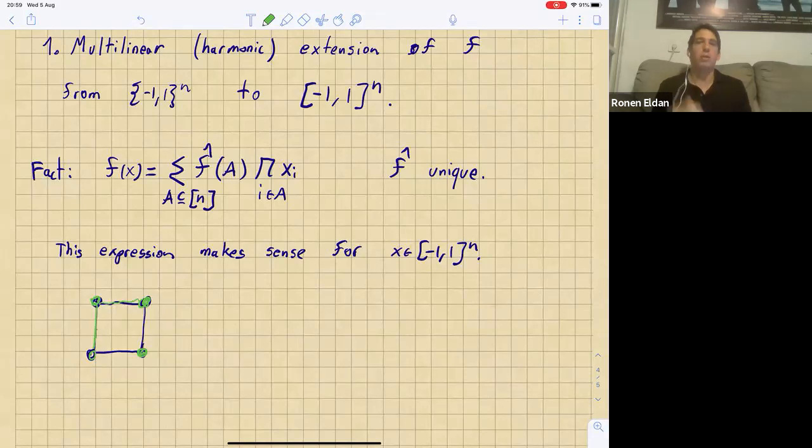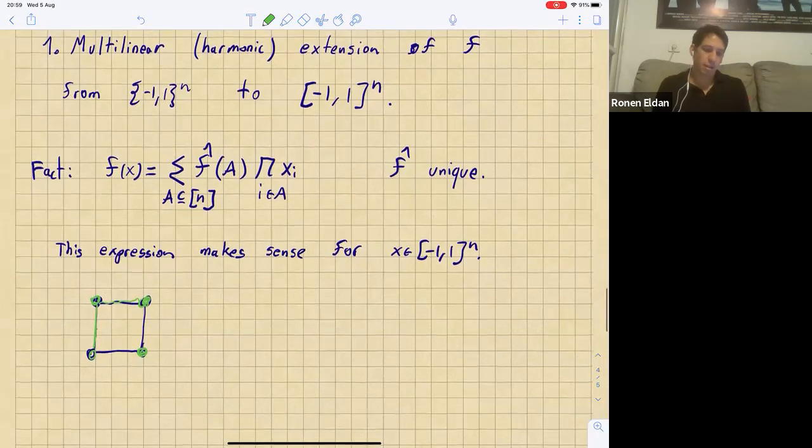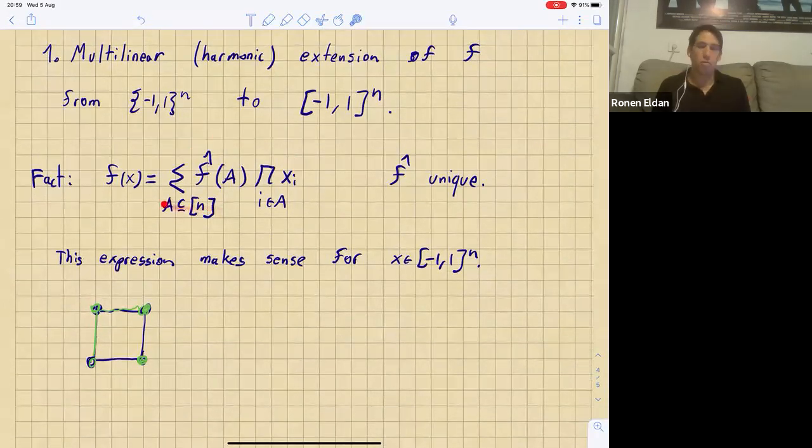Once we did that, we can interpolate inside the two-facets harmonically, and so on until we interpolate everything into the continuous cube. This would give the same result as what this expression is.